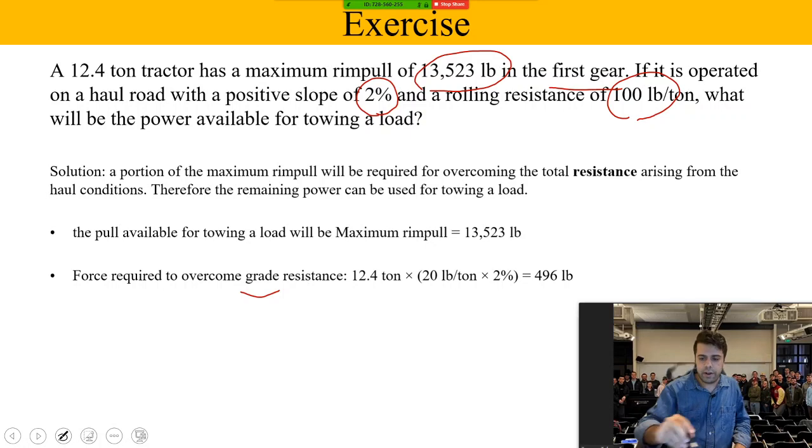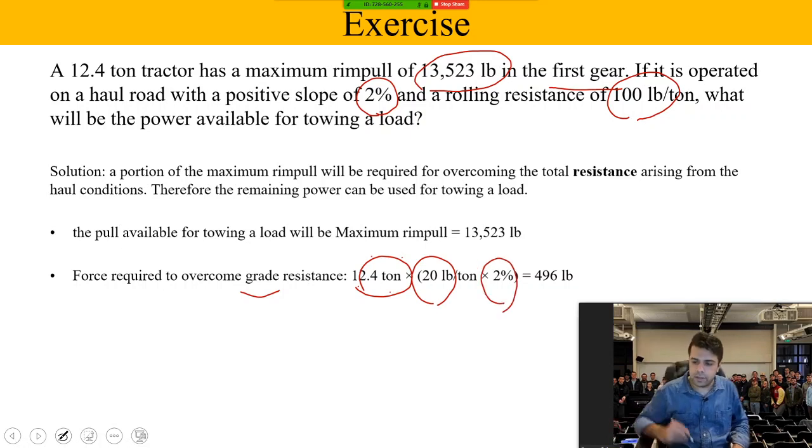The grade resistance, if you remember from previous classes, is the weight of the machine multiplied by 20 multiplied by the grade.